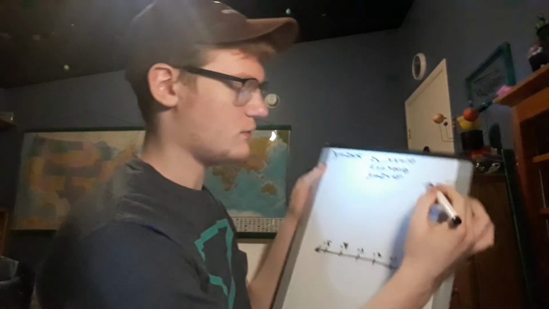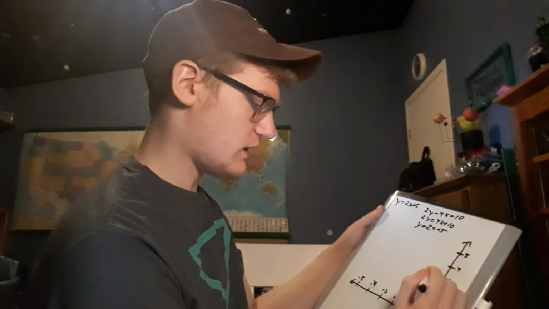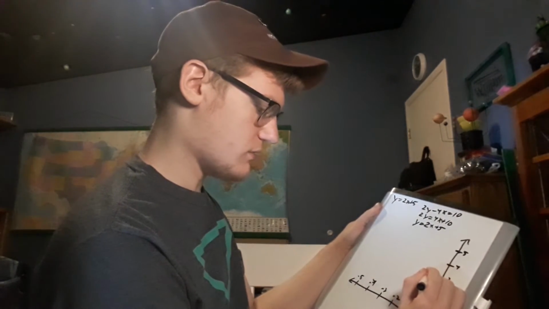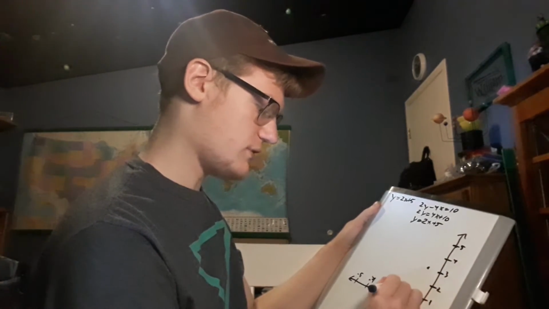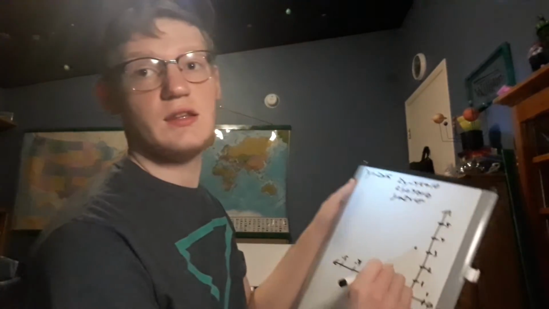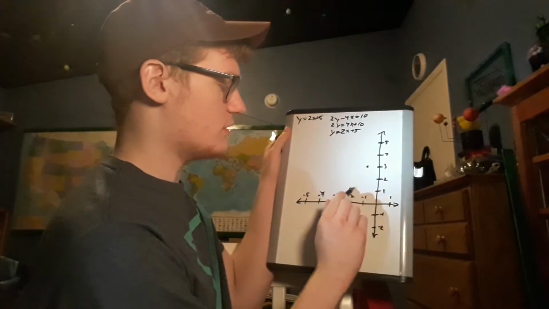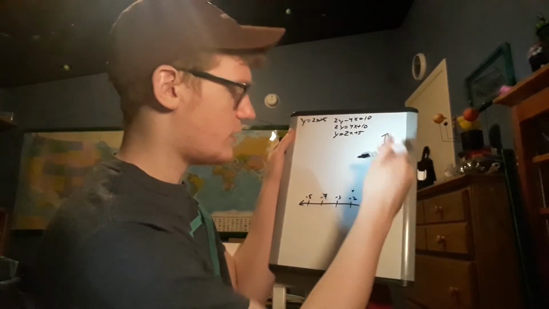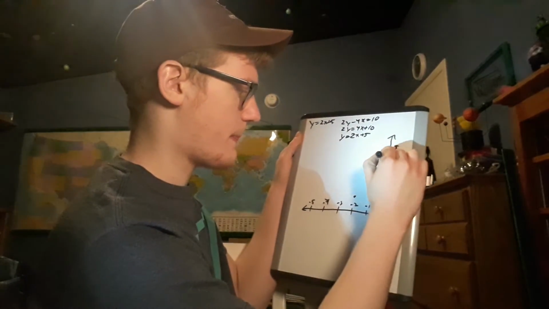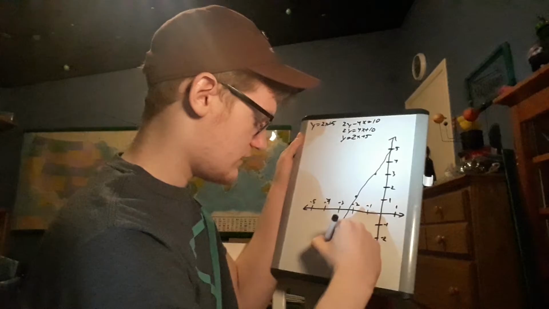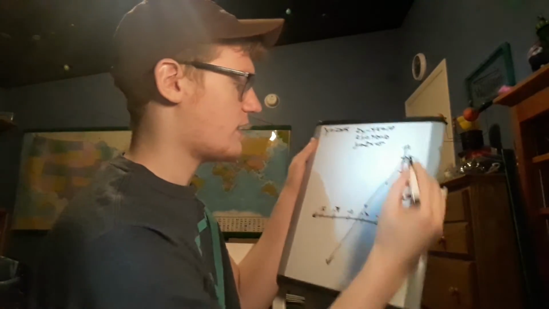So the graph of it looks like we start at this point, and when we go to the right, we go up 2, so if we go left, we go down 2. And it's a nice line like that.